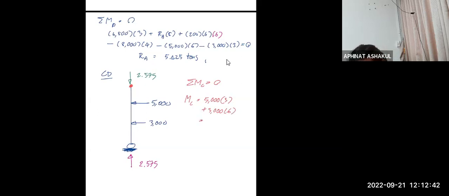So that's 18,000 plus 15,000, so that's 33 kilogram meter, okay? And since these two horizontal loads are trying to push the member clockwise around point C, you know that your moment is in this direction. Simple stuff.